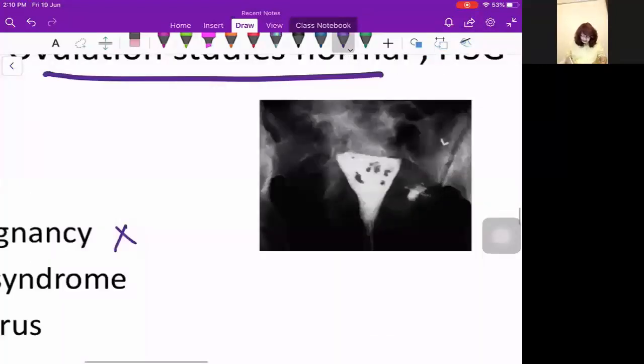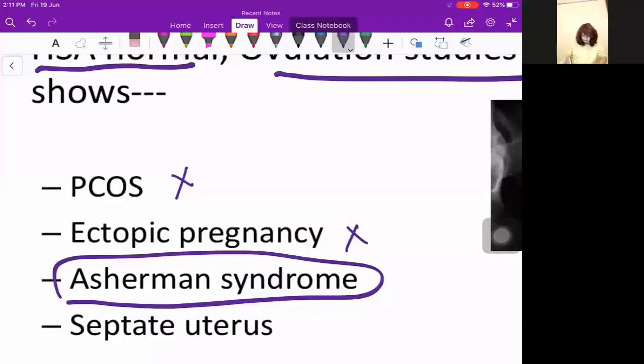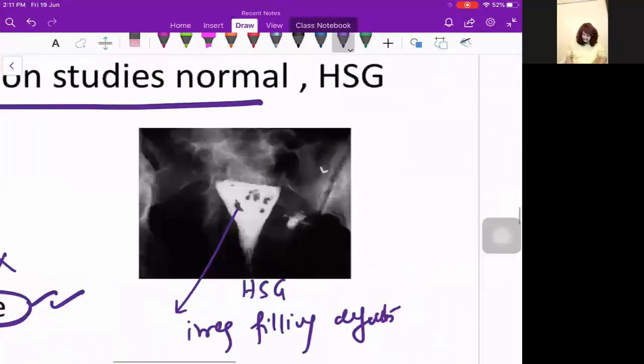You see clearly the HSG image showing irregular filling defects. So this is usually Asherman syndrome. Septate uterus again does not look like this.